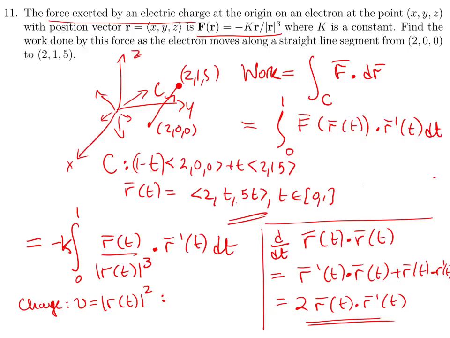Let me just do it on this page and then rewrite it on the next page. It becomes minus k. The limits now become the magnitude of r of 0 squared to the magnitude of r of 1 squared. And I have this relationship that du equals 2 r prime of t dot r of t dt.